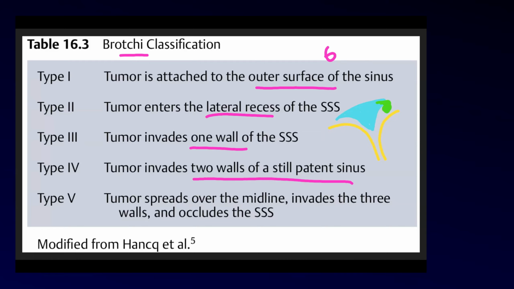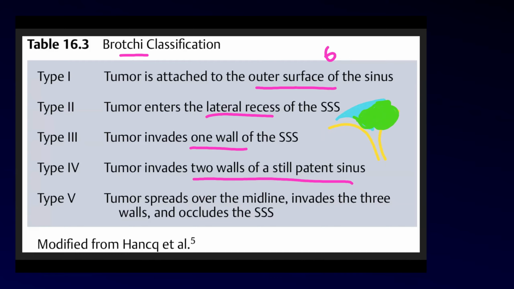Then we have type 3. The tumor invades one wall of the superior sagittal sinus. So this is how it is going to look. This is type 3. For type 4, it needs to involve at least 2 walls. So this lesion could go like this. Let's draw a bigger meningioma, which is invading both these walls.